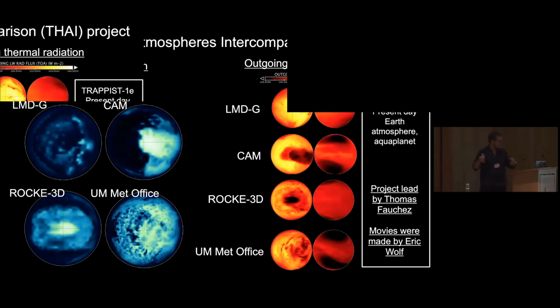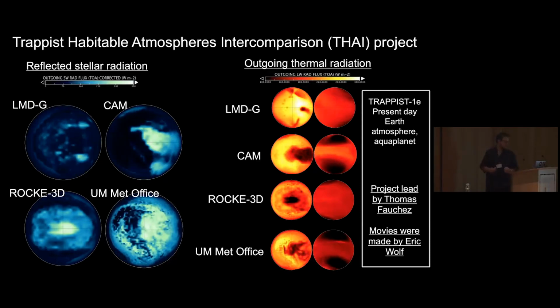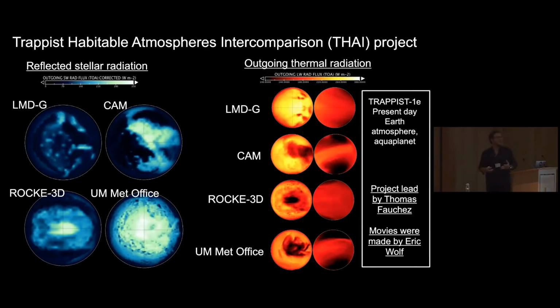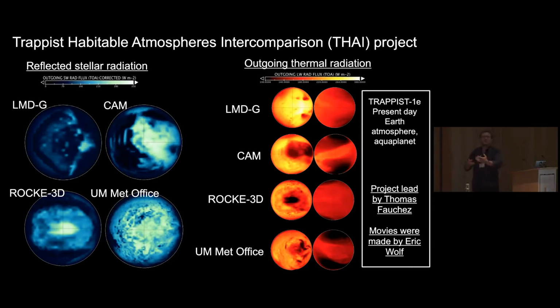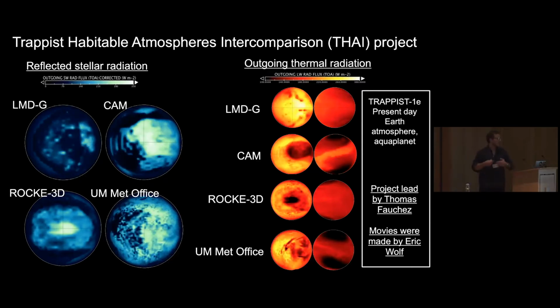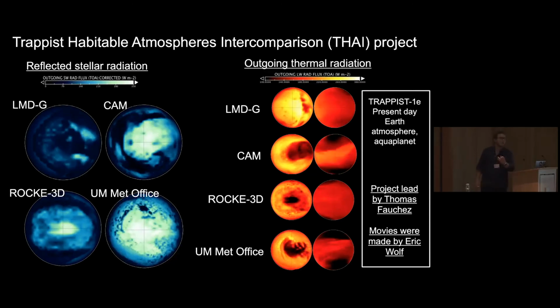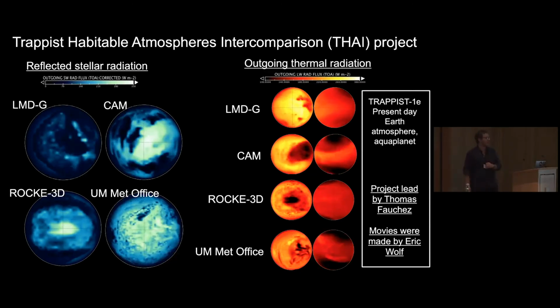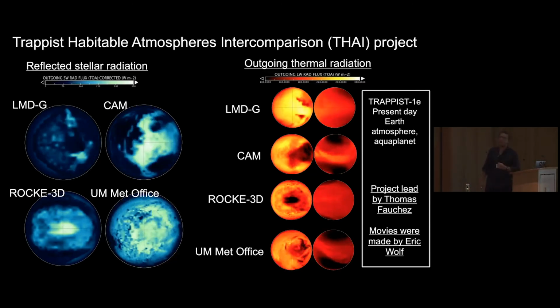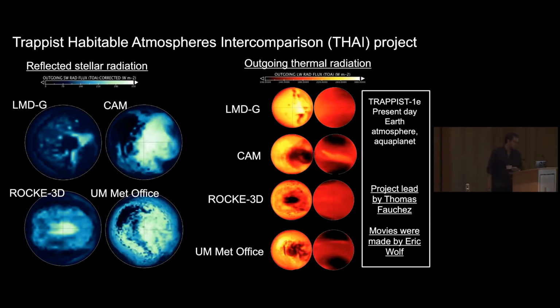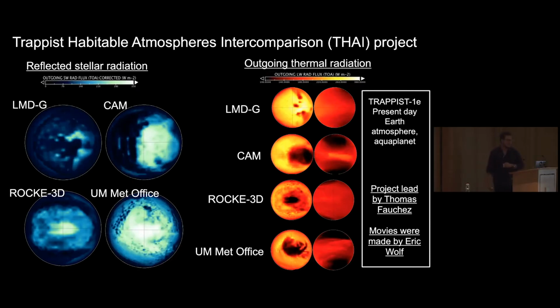And the second is whether these differences in the models could lead to different observable signatures. I think this is the kind of study that is super useful in the context where we want to know how much we can trust this kind of GCM to prepare and to understand the future observations that will be made with telescopes such as the ELTs or the James Webb Space Telescope.